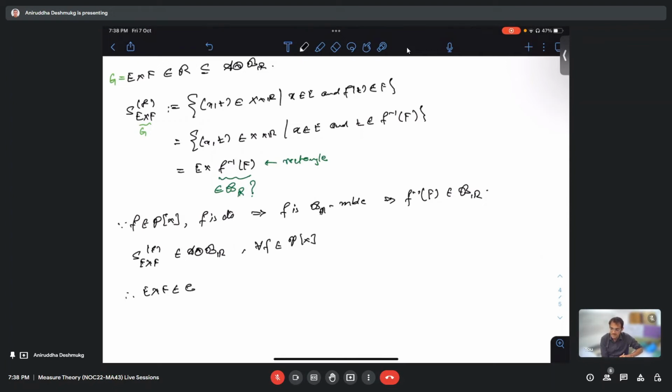Aniruddha, just a quick question. Over here we use the fact that the pre-image of a Borel subset is again in the Borel sigma algebra.